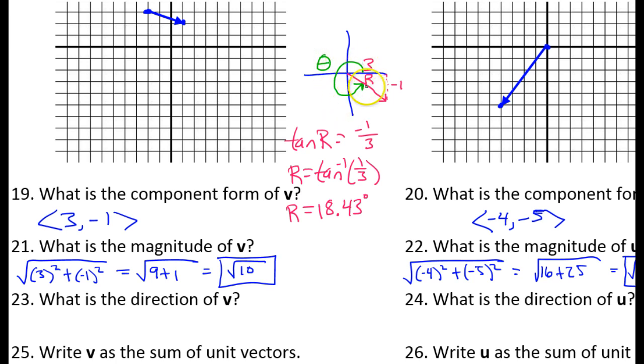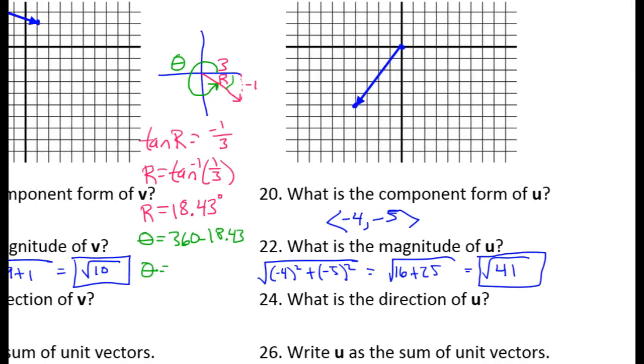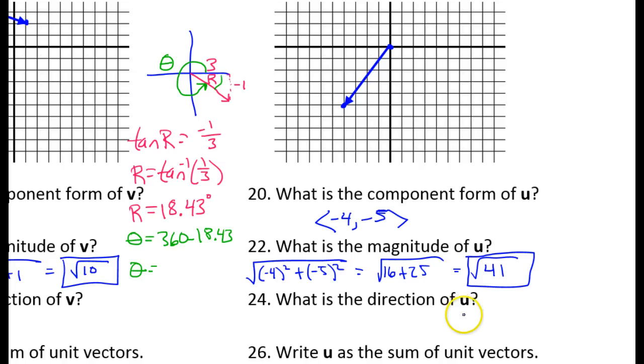So theta was on its way to 360 degrees, but it stopped short by this reference angle. It stopped short by r. So theta, the direction, should equal 360 minus r. So 360 minus 18.43. So the direction of v is 341.57 degrees.